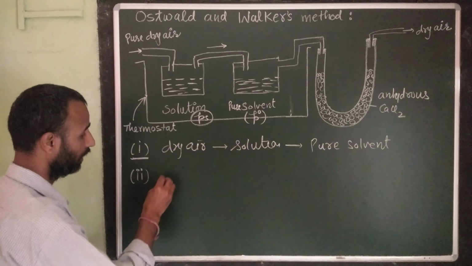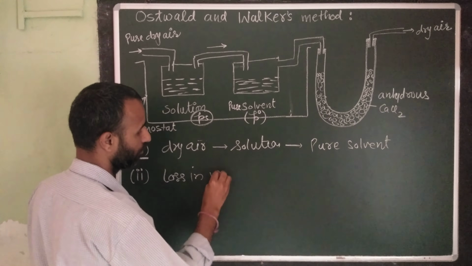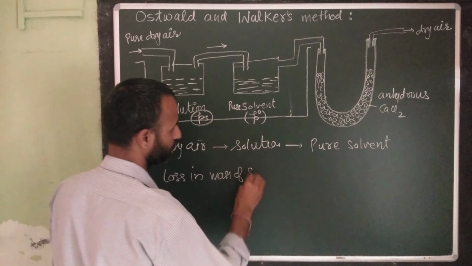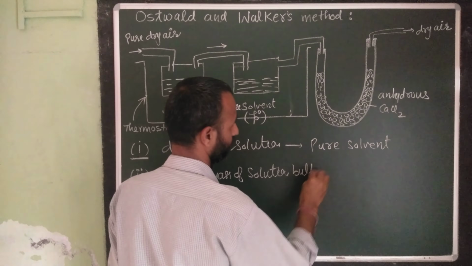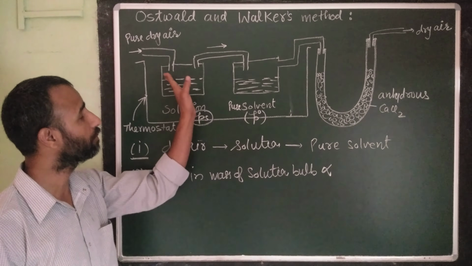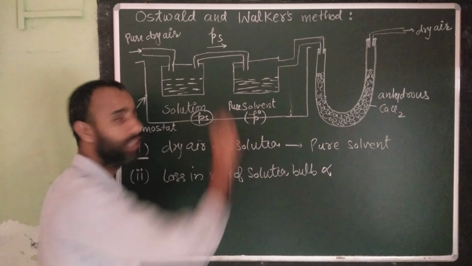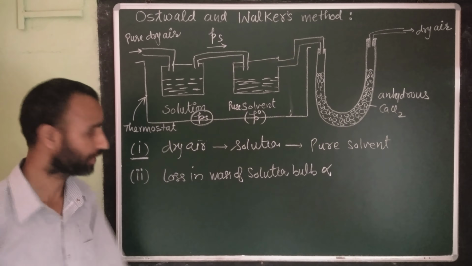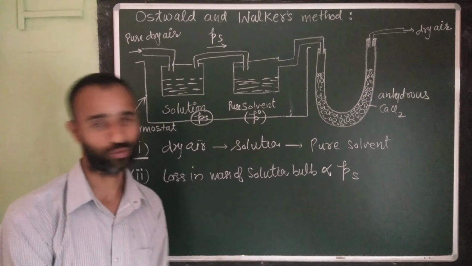So say loss in mass of solution bulb is proportional to, tell me, what is the vapor pressure when it goes towards solvent? It is PS, right? So it is proportional to vapor pressure of the solution.